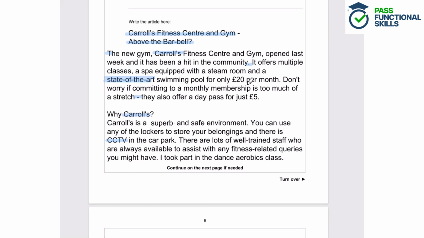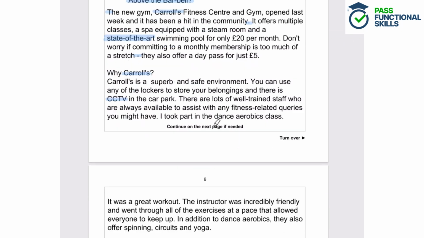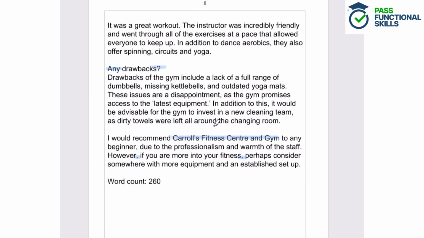So every sentence in this answer makes sense on its own, and we've got verbs and nouns that agree with each other. So if we take a look at this fourth paragraph here, we've got "these issues are a disappointment." So because we're talking about several issues here, we've used the word "are" to describe them.